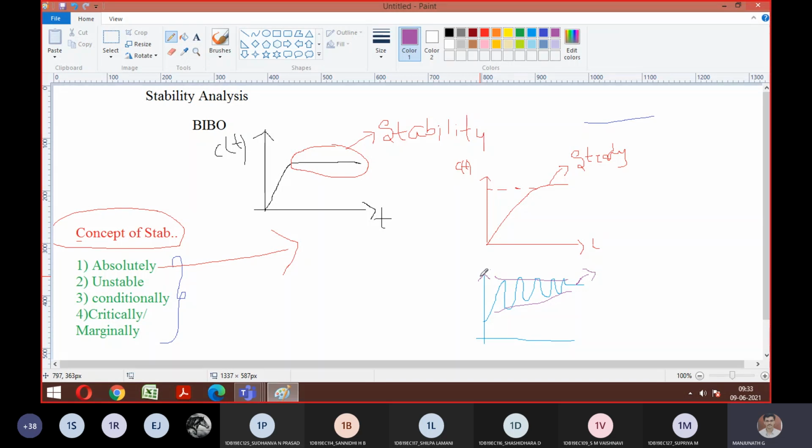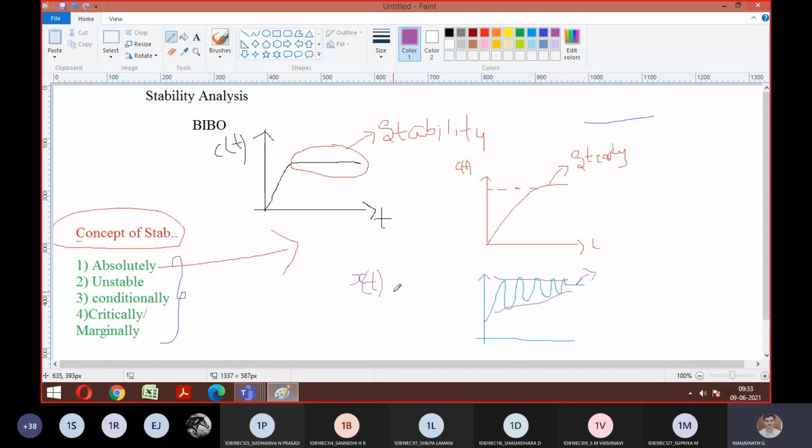I'll repeat. A system is said to be stable if it satisfies the two conditions. First one, when input is bounded and applied, output also should be bounded. So I think we discussed yesterday for the other section, so we'll just brush up for you also.